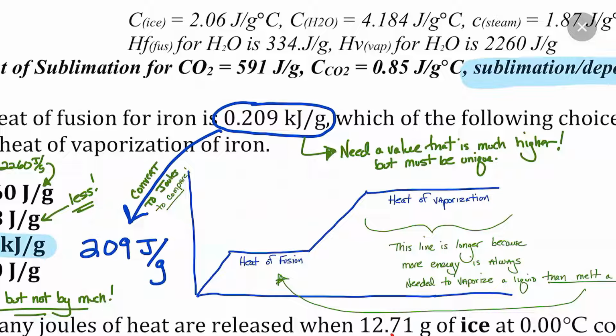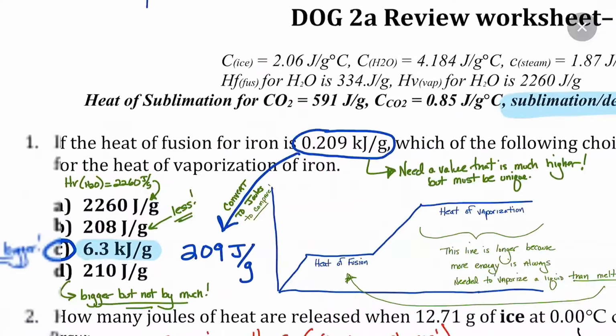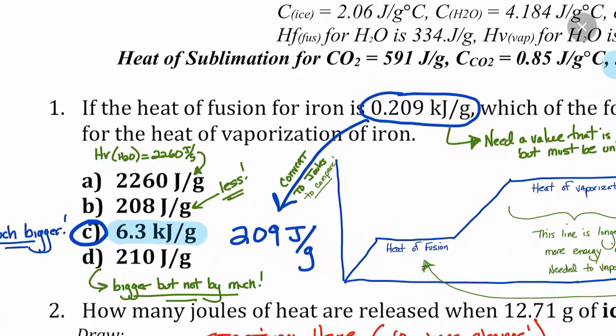So what I'm looking for here is a larger value, and that larger value could be 2260 joules per gram. That is certainly bigger than 209 in choice A. But I know that's the heat of vaporization of water, so you're not going to use that.